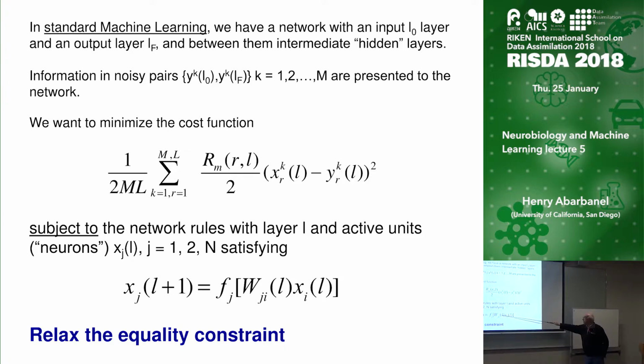And there's a weight that is up to you, which are the parameters of your network that tell you how neuron I in layer L is connected to neuron J in layer L plus 1, and that tells you the activity at layer L plus 1.